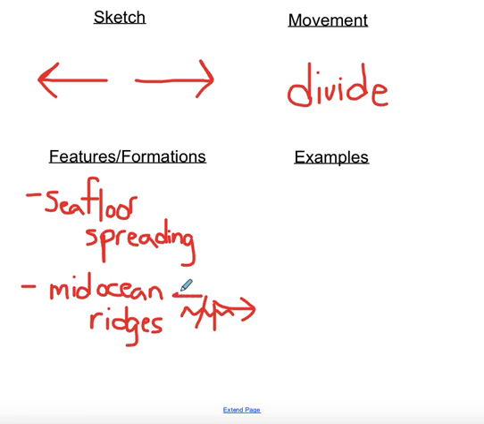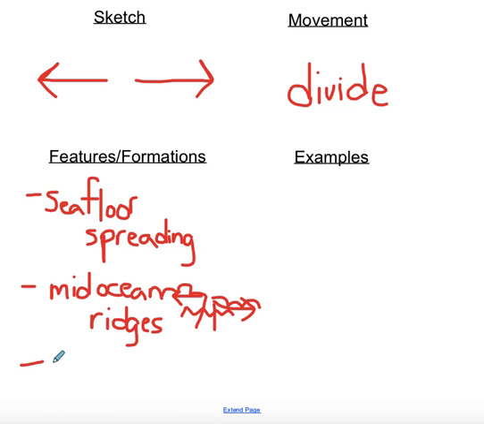It'll come up, it'll create new crust, and it'll spread apart. And as it does that and it's spreading apart, we end up with these little ridges, these little bumps, because we have the new crust towards the middle, and then we have older crust out on the edge. So we have these little ridges, these little bumps, kind of like mini mountains underwater.